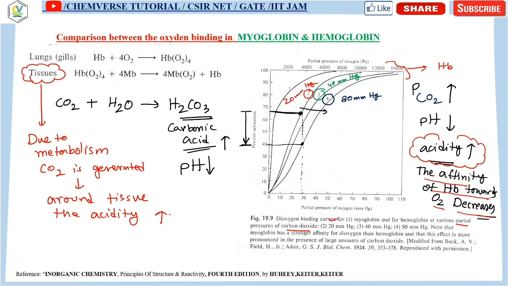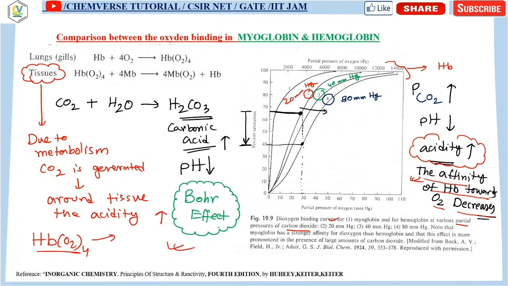So when hemoglobin, which is basically oxyhemoglobin, has already bound with 4 oxygen molecules and comes into the tissue where the acidity of the medium is greater, its affinity to bind with oxygen decreases, so it will lose some oxygen and that will be captured by myoglobin. Clear? So that is happening in the tissue. This effect has a name, it is called the Bohr effect. Clear? Okay.